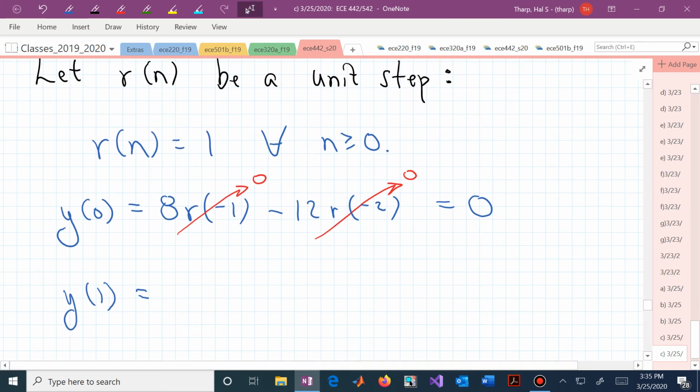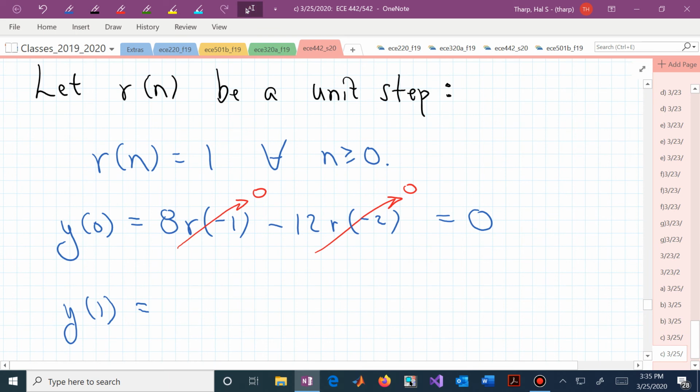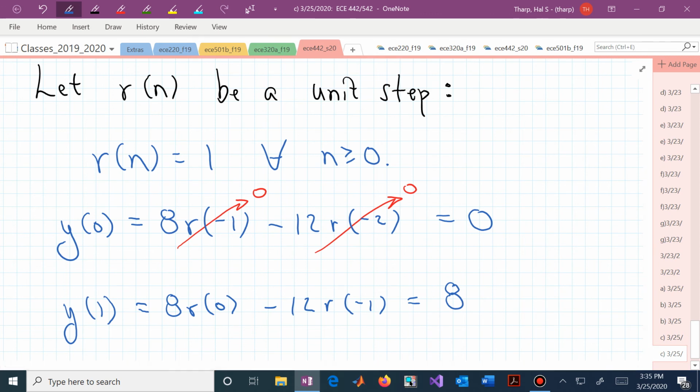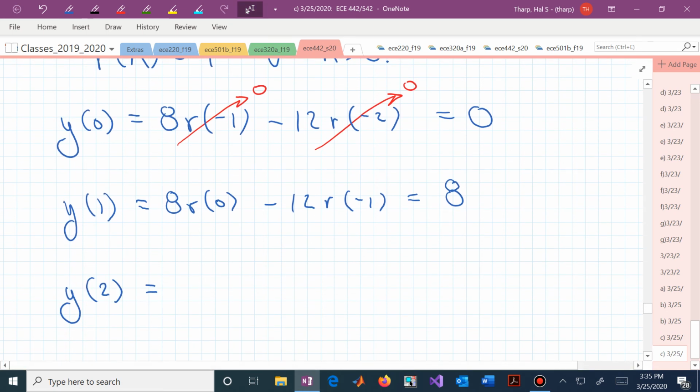What about y of 1? Well, we would expect it to respond since there's just a 1 sample period delay. This is now 8 r of 0 minus 12 r of 1 minus 2, or minus 1. Now we have 8 times 1 minus 12 times 0, or now we hit the system with a 1 time step later, wow, the output booms up to 8. What happens at y of 2?